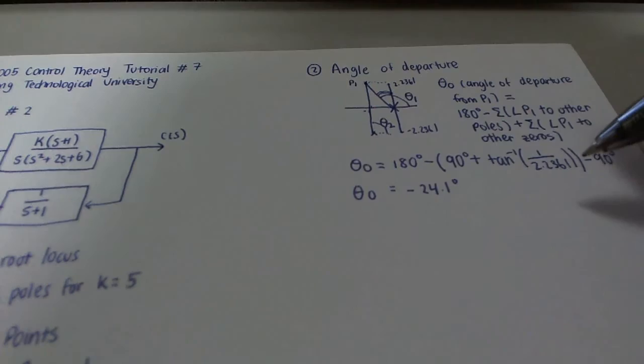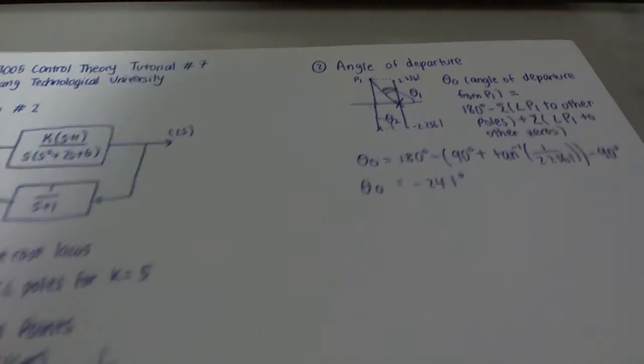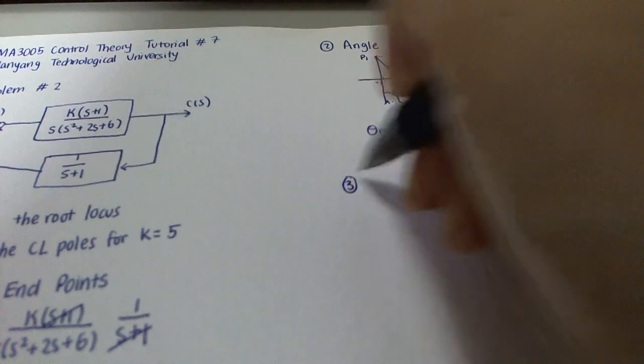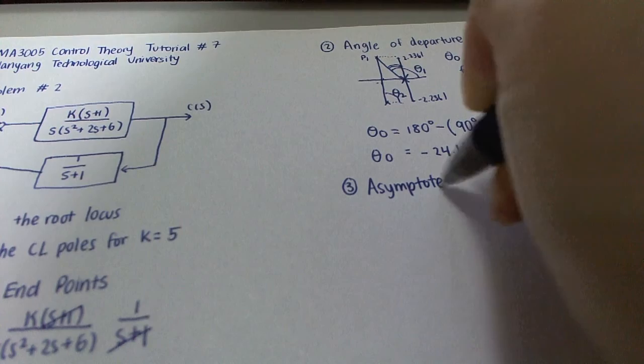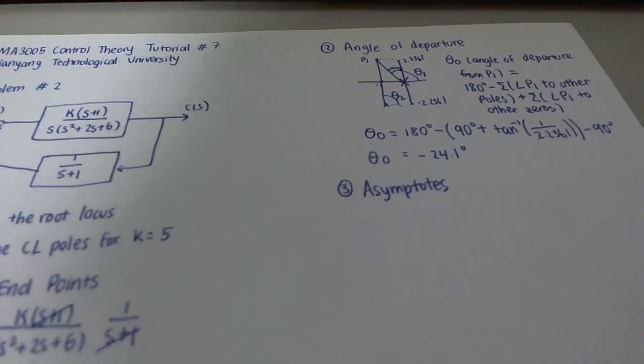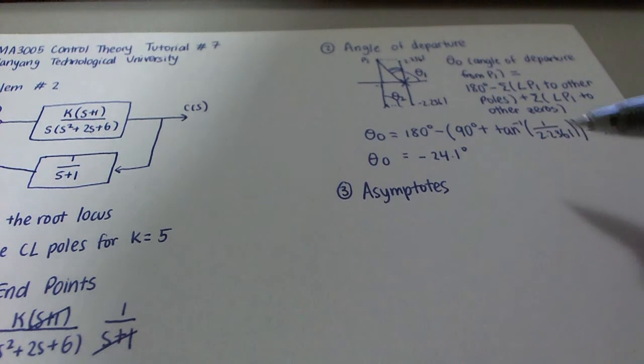And now we're done with the angle of departure, and next we need to find the asymptotes. So the number of asymptotes is given by the number of roots in the characteristic equation. Please be very, very careful again.